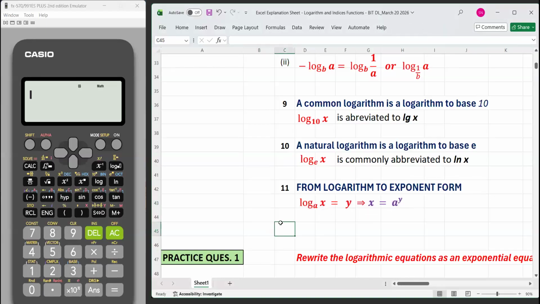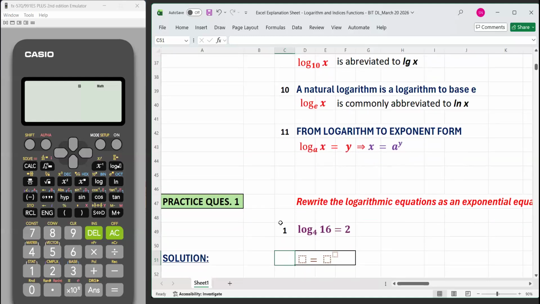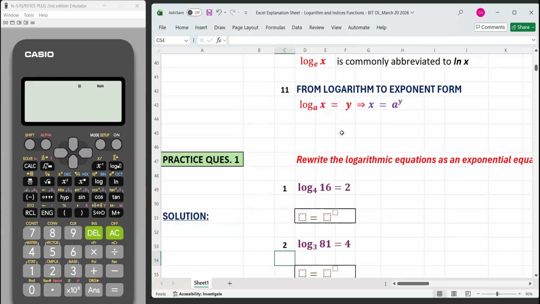So let's try these examples here. Looking at what we have here, log 16 base 4 equals 2. If I want to change to exponential form, can somebody tell me how to change to exponential form? Anyone?